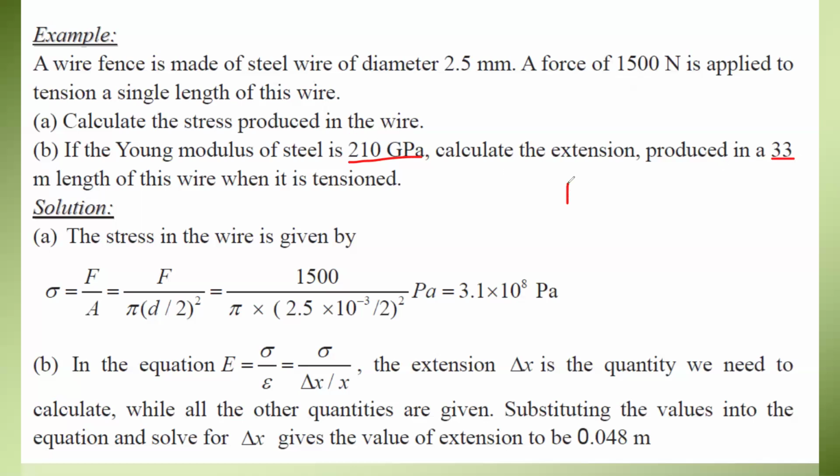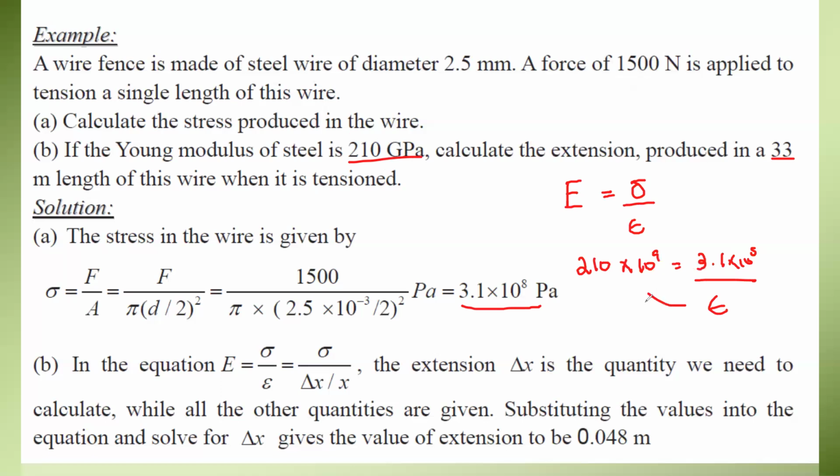So the Young's modulus is equal to stress divided by strain. The Young's modulus is given as 210 giga, so it will be 10 power 9. The stress we already calculated in the previous part was 3.1 into 10 power 8, and we can work out the strain.